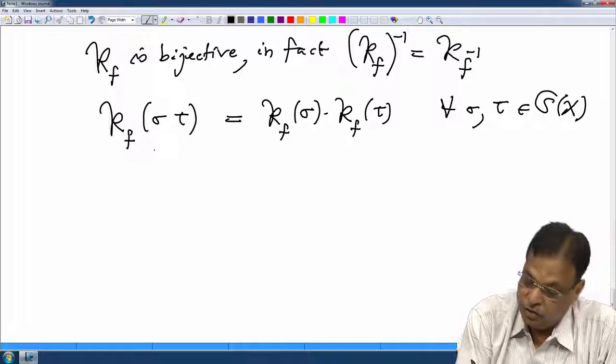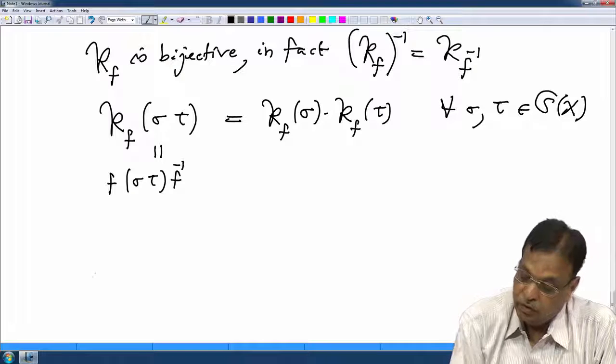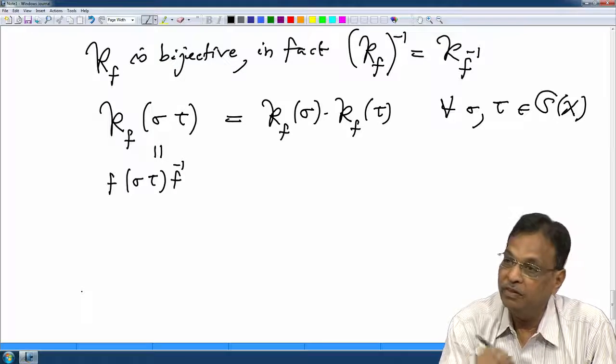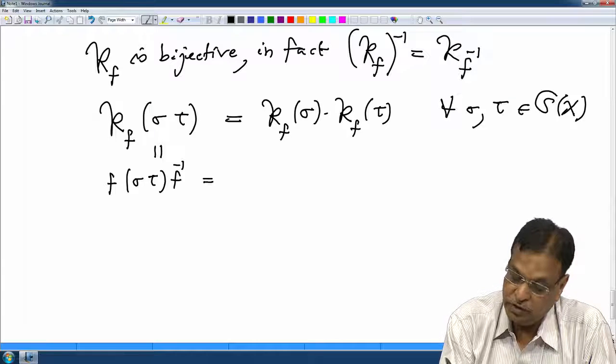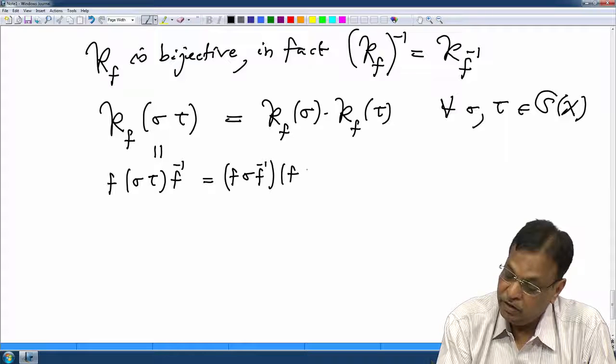But see, this is equal to what? By definition it is f inverse sigma tau f. But in composition I can rearrange the brackets. So this is the same as f inverse sigma f, and I will write f inverse here and cancel that by adding f here.